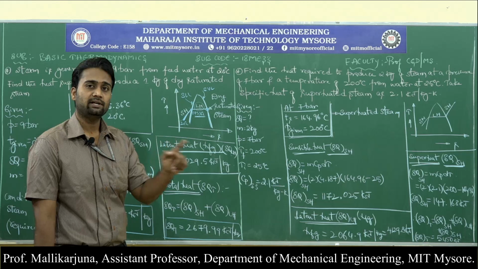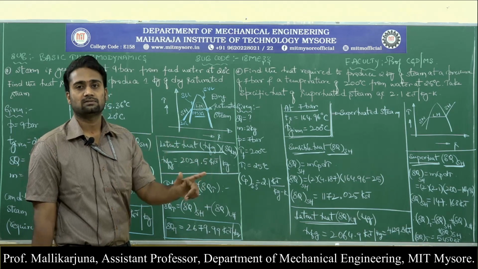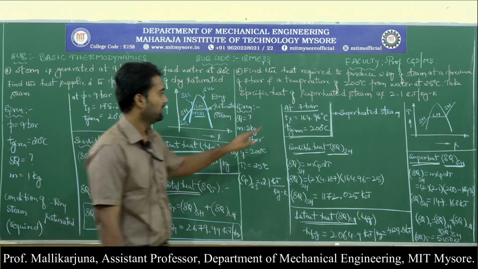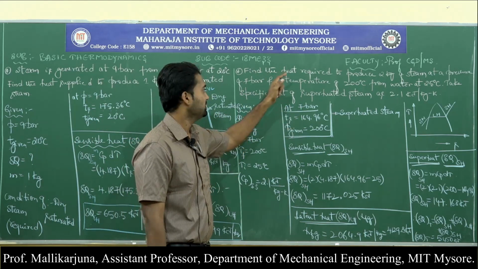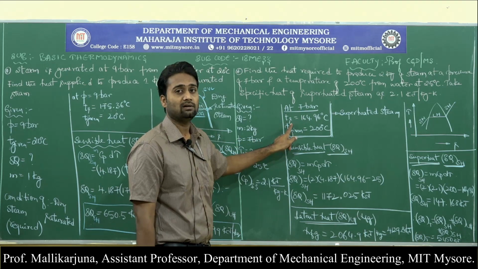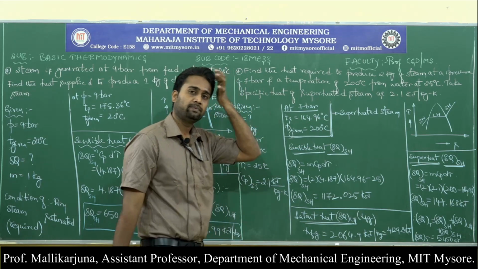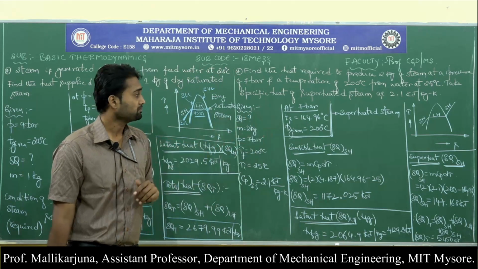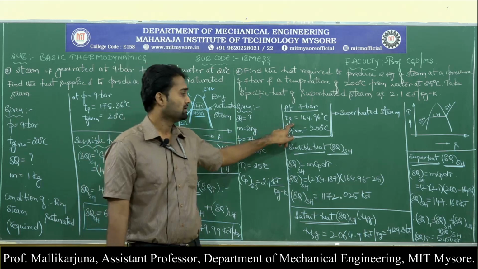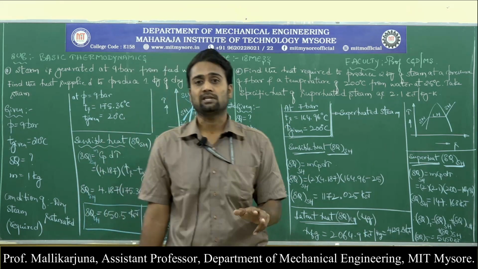What I need to initially decide is, I need to look for the condition of the pure substance. At 7 bar, he has mentioned the pressure. At 7 bar, saturation temperature of the substance is 164.96 degrees centigrade. So this is the condition which is going to decide the condition of the steam.